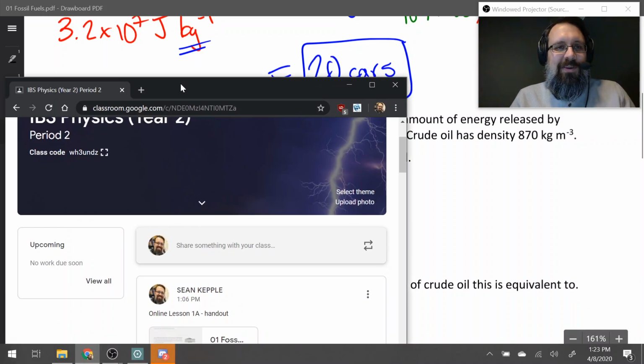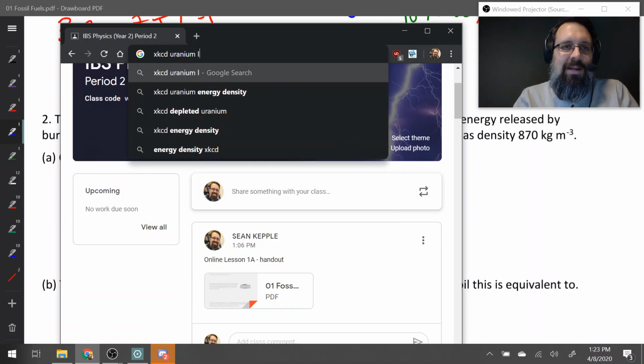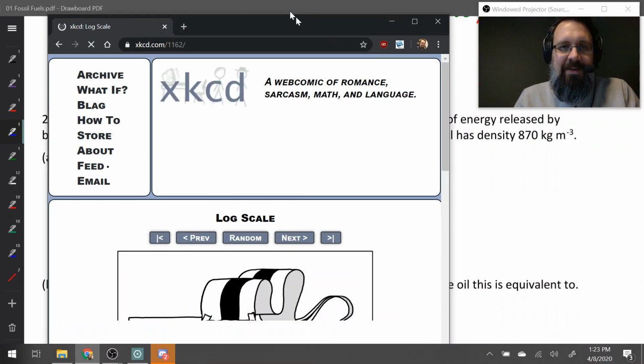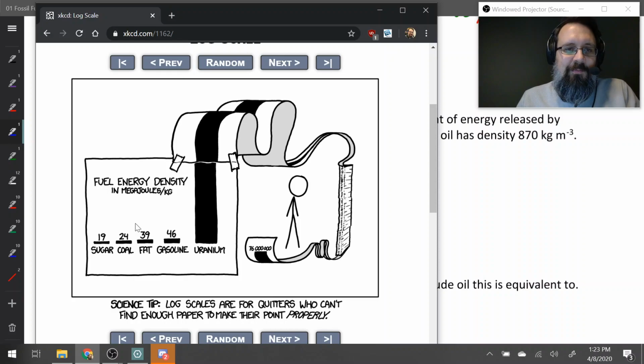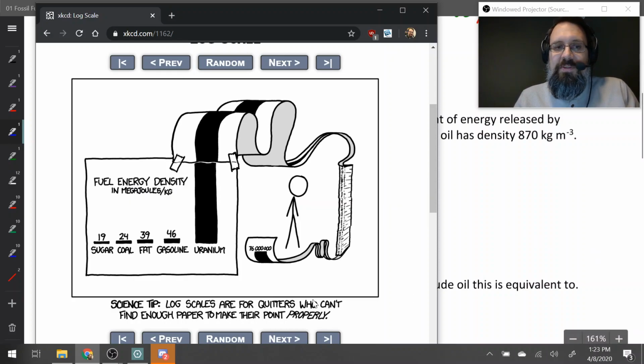There's this really cool XKCD comic with uranium on a log scale. Let me see if I can show it to you guys real quick because it's a funny comic. All right, here we go. You can see over here they're showing us the fuel energy density of these different sources of fuel, and you'll notice that uranium has such a high specific energy, in the trillions, that it just flies off the scale.